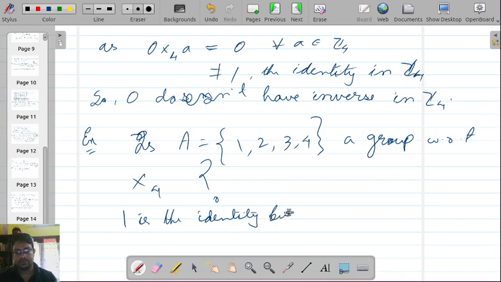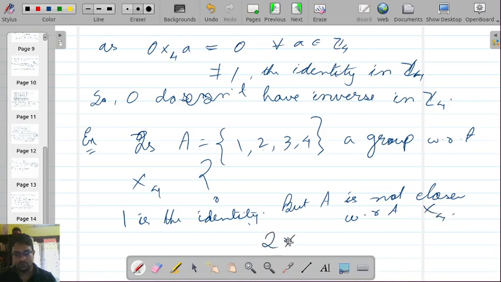But there are elements which do not have an inverse, because 2 belongs to A. Not only the inverse, it doesn't satisfy the closure property. Identity is there, but A is not closed with respect to multiplication modulo 4.